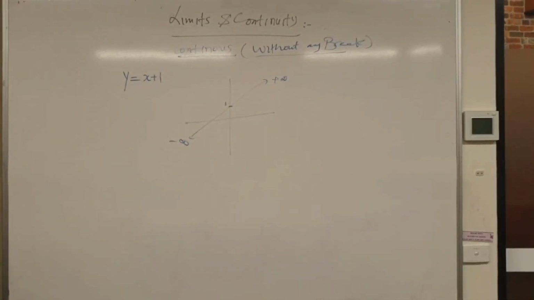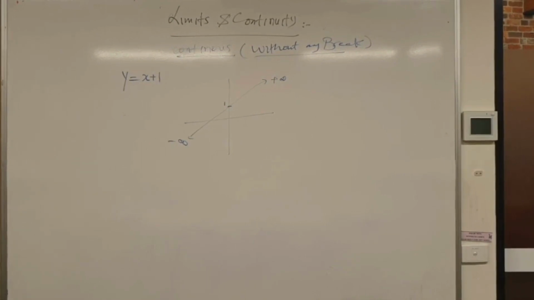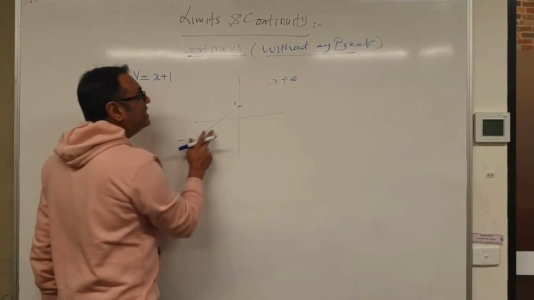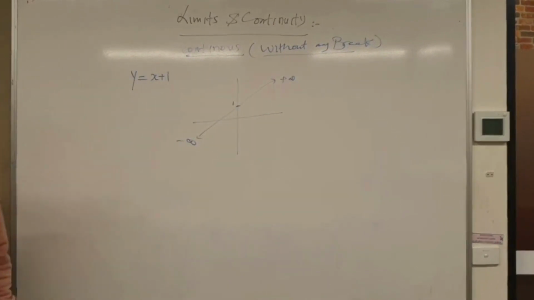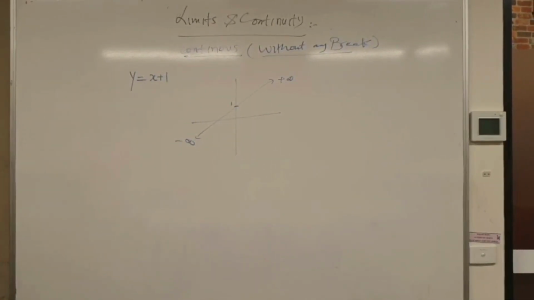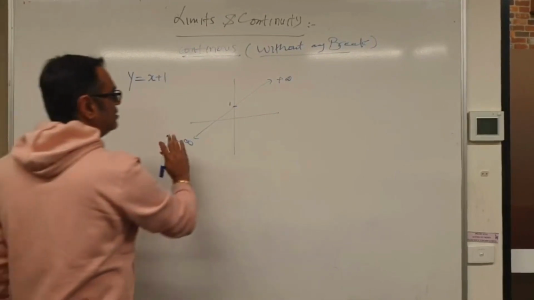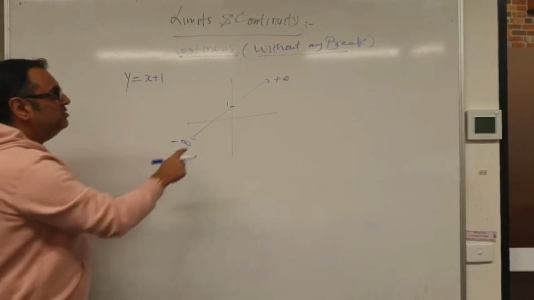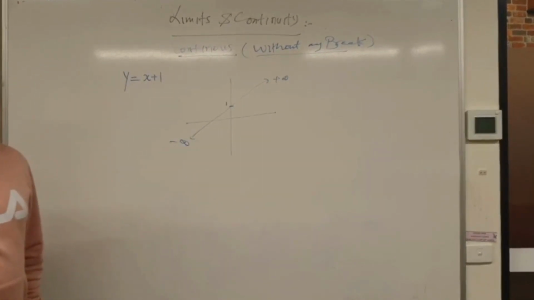Domain and range are both all real numbers. Looking at the graph, is there any breakpoint, or is it a single flow of line? It's just flowing through, right? There are no breakpoints. This function is continuous.